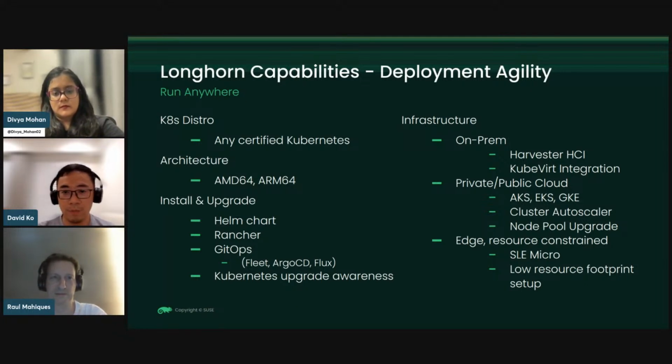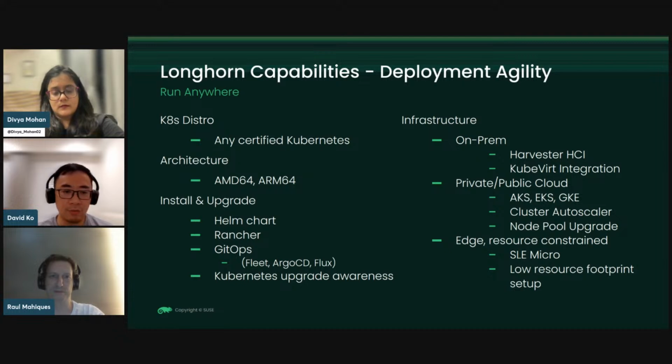So I call it deployment agility. One Longhorn can run anywhere, including different Kubernetes distros, operating systems, architectures, different ways of installation and upgrade, and also various infrastructure support.